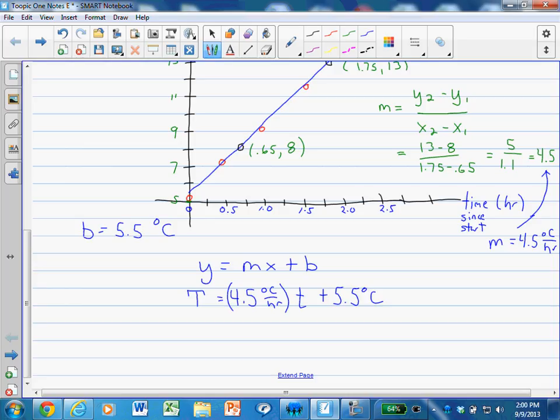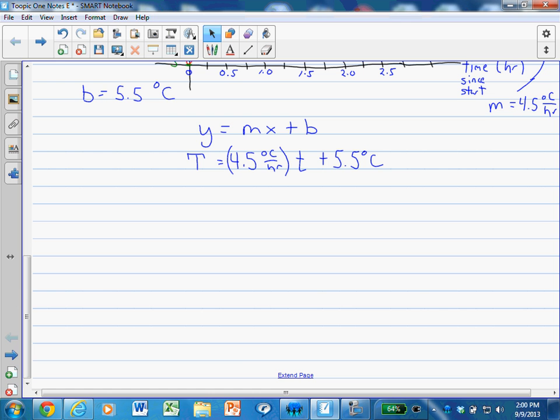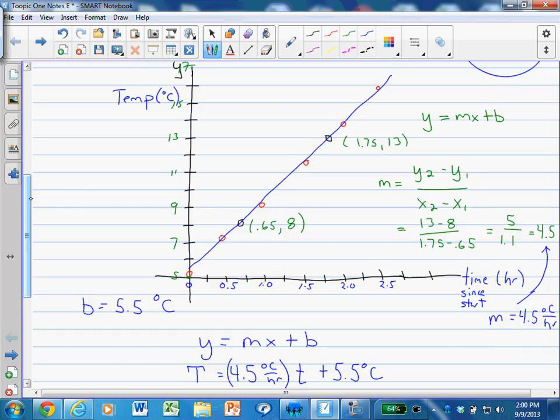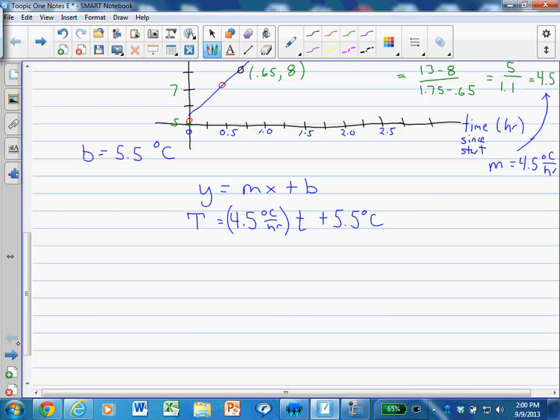Now, I could say that we could extrapolate or interpolate. We can interpolate in between the data that we have. So we could say, what was the value based on our model at a time of 1.25 hours? What's our temperature?